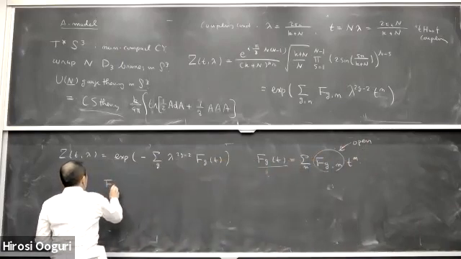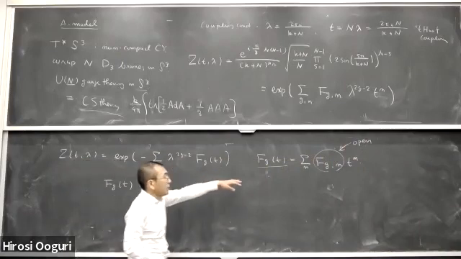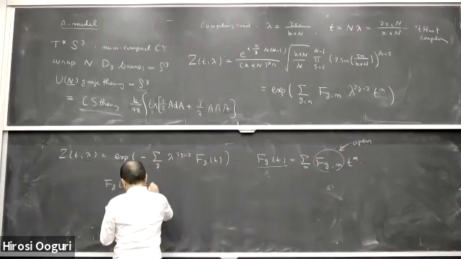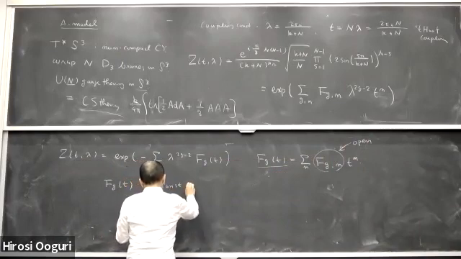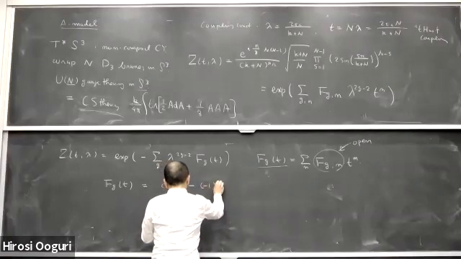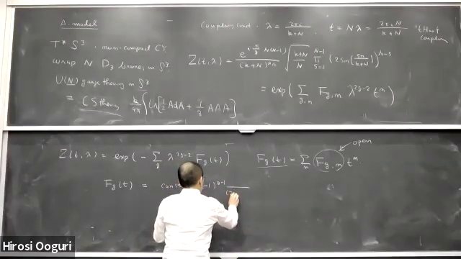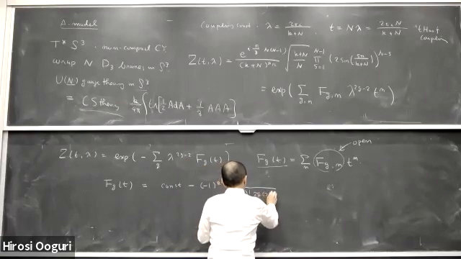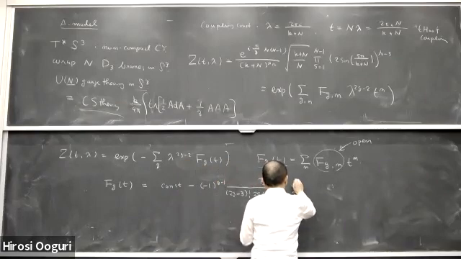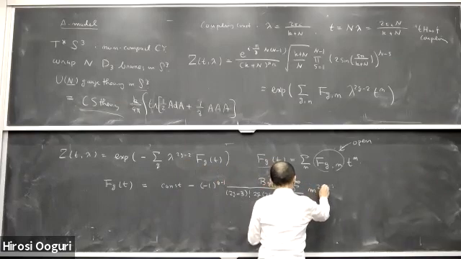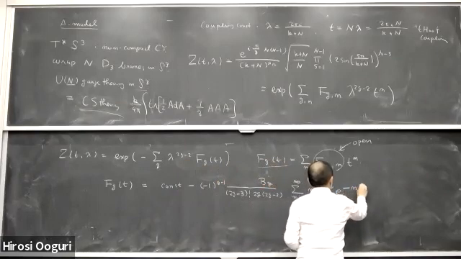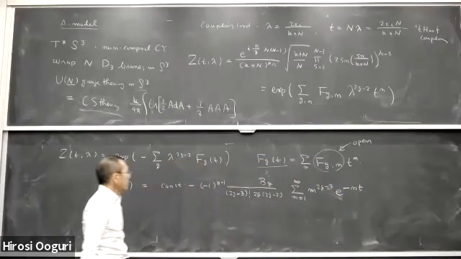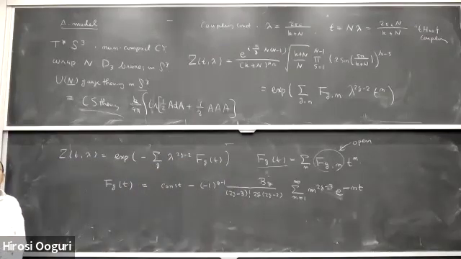You can resum this series and write it in the following way: a constant, minus 1 to the g minus 1, over 2g minus 3 factorial, times 2g minus 2, and Bernoulli number, times the summation over m from 1 to infinity of m to the 2g minus 3 times e to the minus mt. Each of these turned out to have a nice interpretation in terms of closed string.